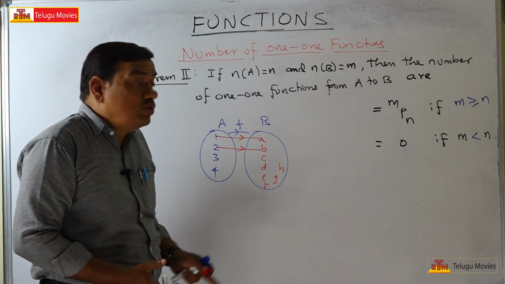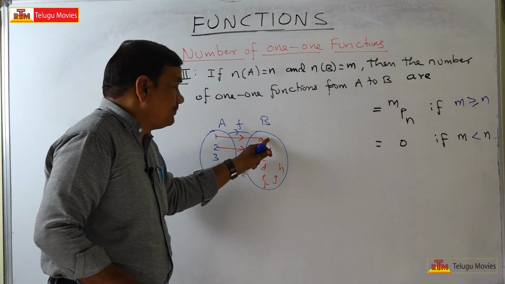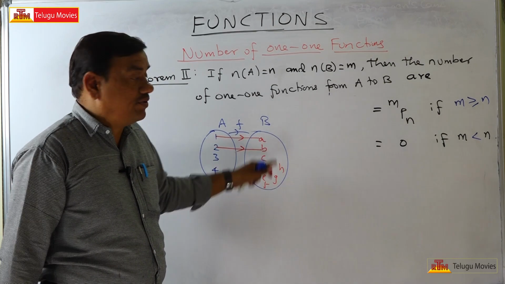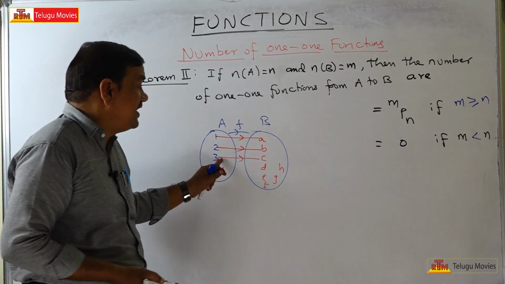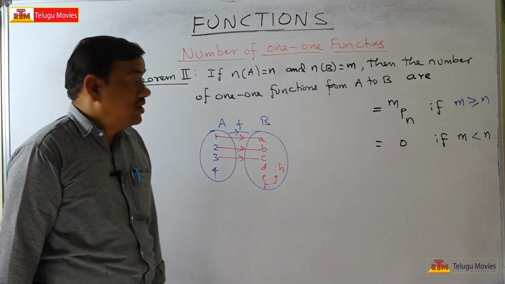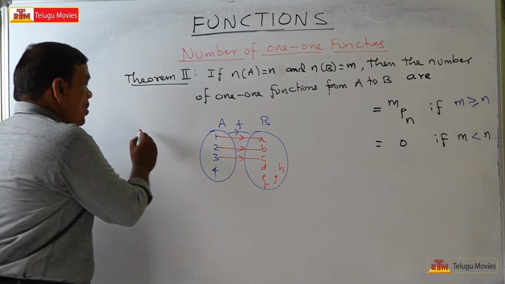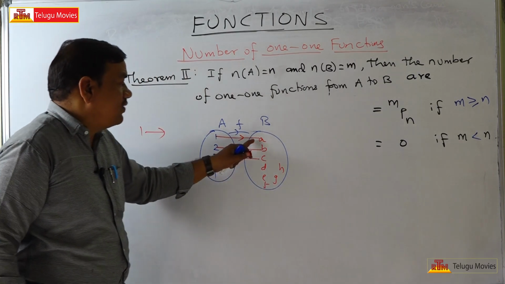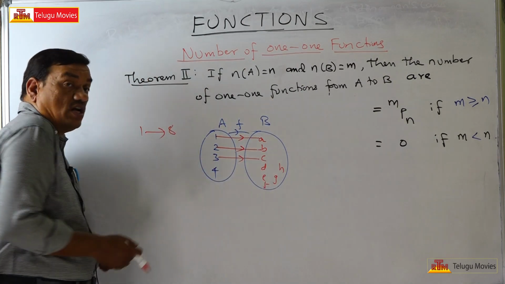But for 2, only 7 seats are available, because already 1 seat is reserved, right? For 3, 3 cannot reserve a and b. Why? Because they are already reserved in a one-one function. So 3 has chances c, d, e, f and so on. 8 possible ways are there.